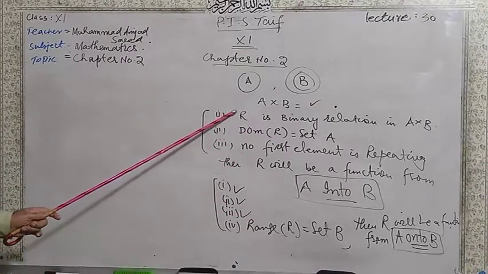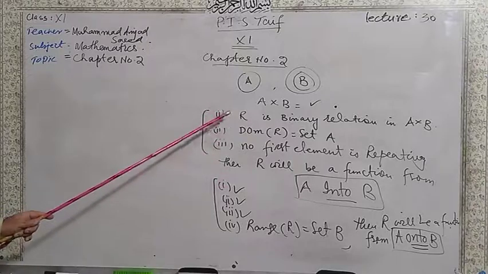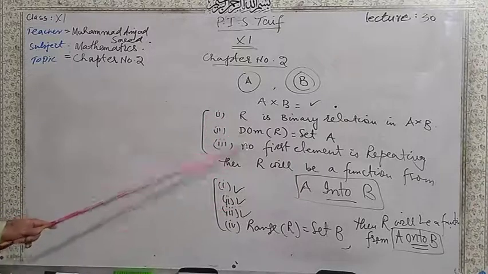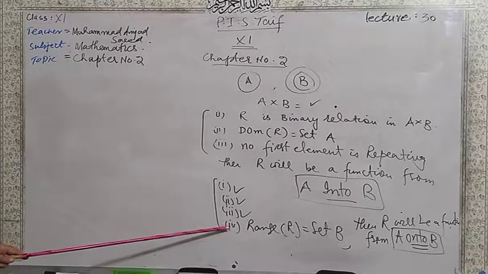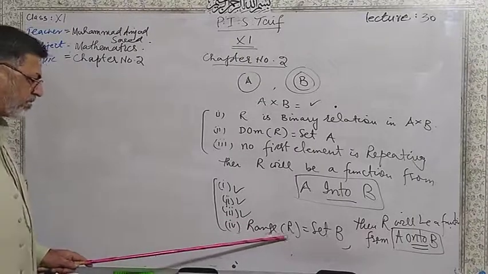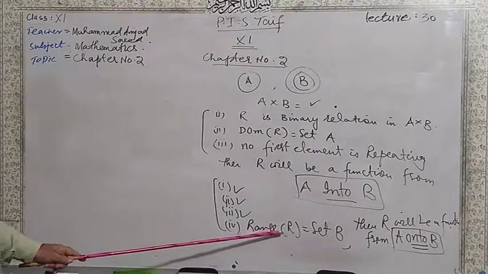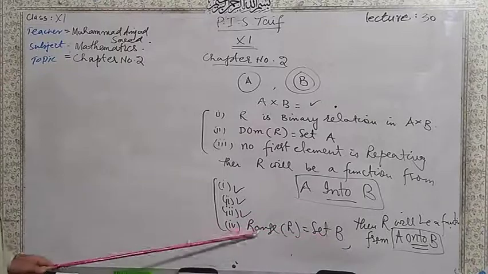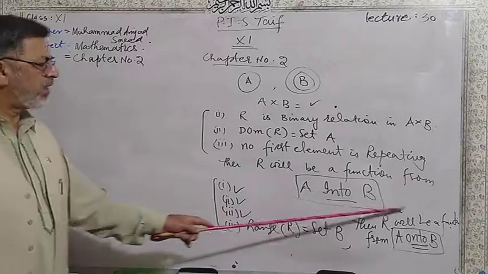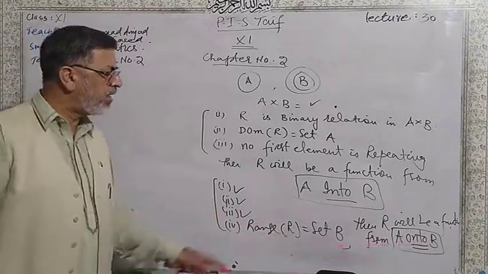If the first, second and third conditions are satisfied, and there is another 4th condition, the range of R is equal to set B, then R will be a function from A onto B.